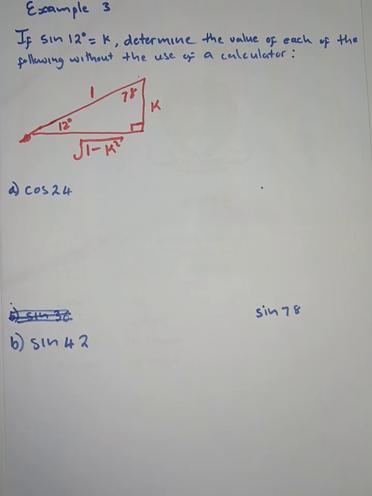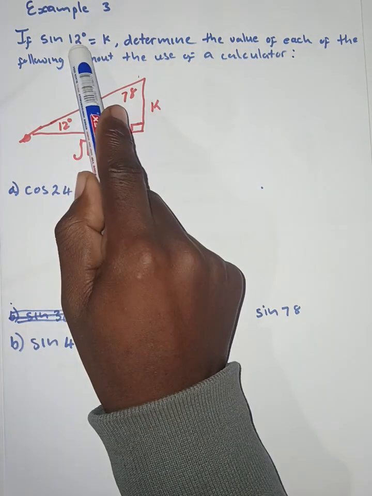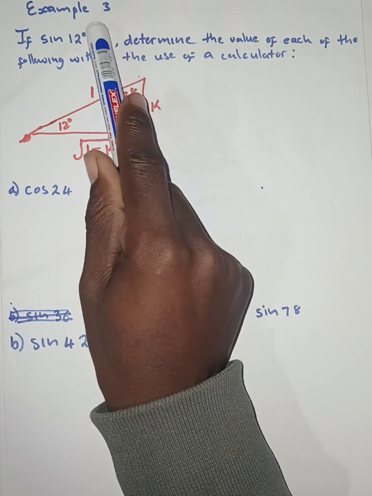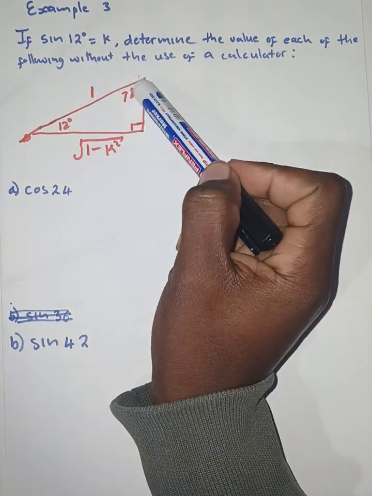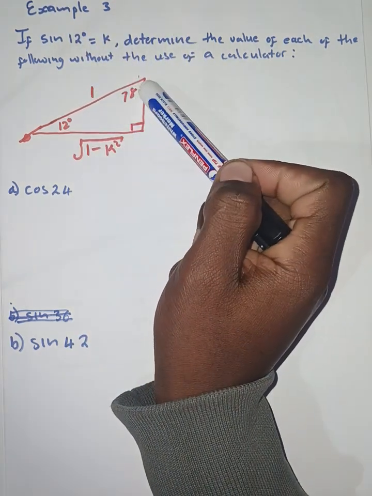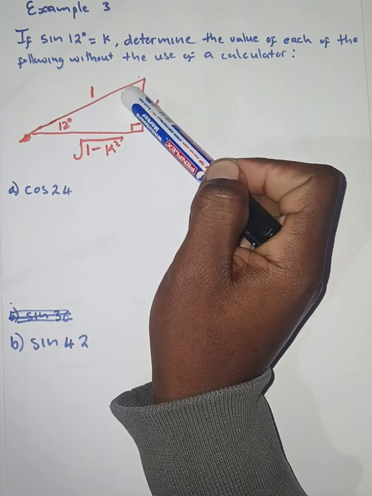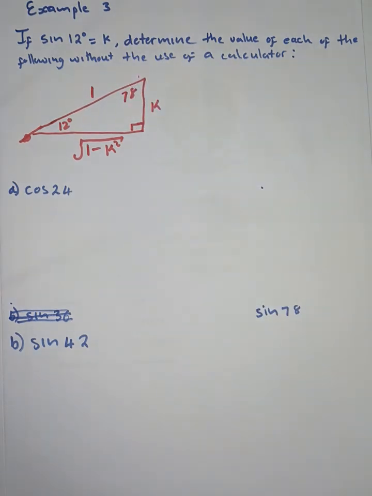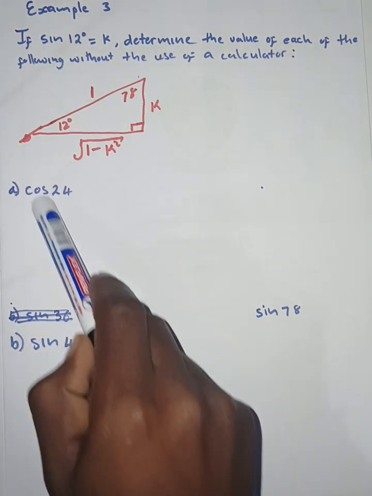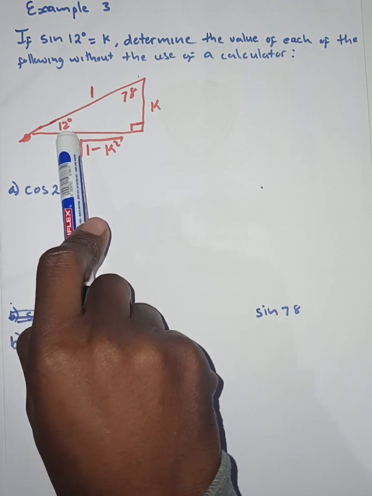In this case, they want cos of 24 degrees, but we can see that we have 12 and 78. We do not have 24 in that diagram, but what you can see is that 24 is double 12 degrees.